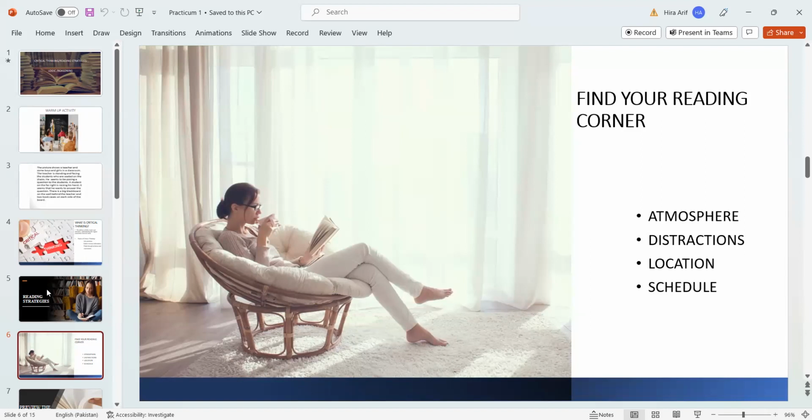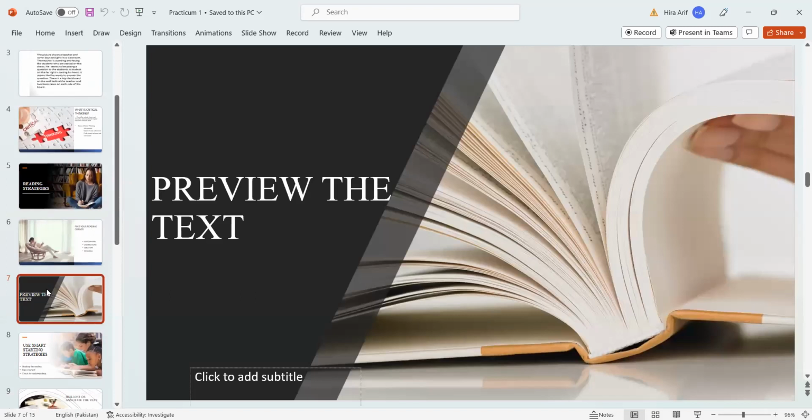It can even be your favorite cafe or any other place: your home, your school, your library. So find your reading corner. The atmosphere, the environment is very important. There should be no distraction when you're reading, or otherwise you won't be able to read. Location is very important. The schedule is very important.